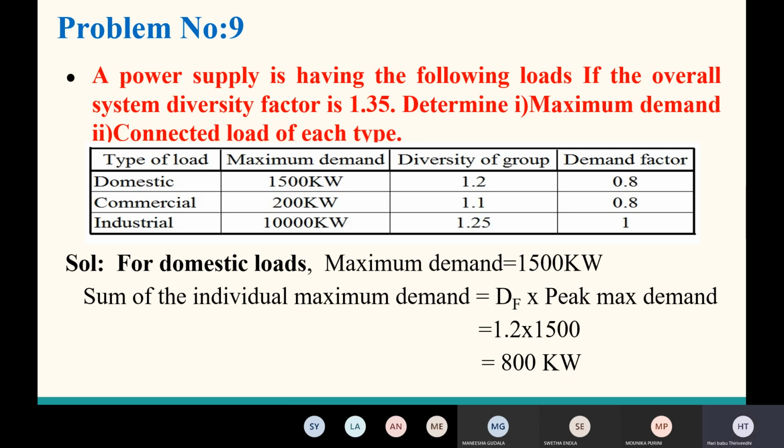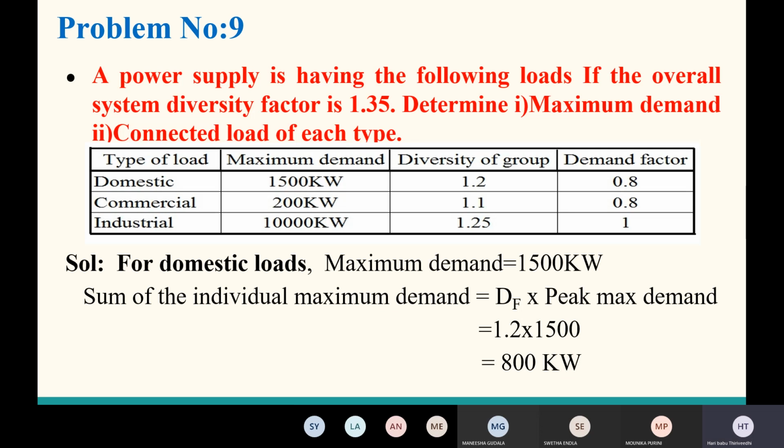You have to write down the formula. Connected load is equal to diversity factor multiplied by maximum demand divided by demand factor. The product of maximum demand and diversity factor divided by the demand factor gives the connected load of each type.